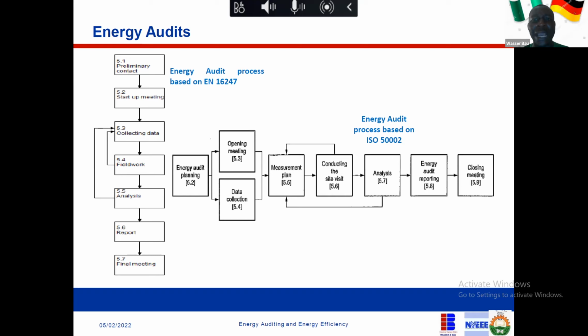The ISO standard talks about the opening meeting, 5.3. These two steps are what an auditor should first do. You make your contact, you negotiate your buy-in, you do your man-to-man, then the next thing, you set up a meeting.